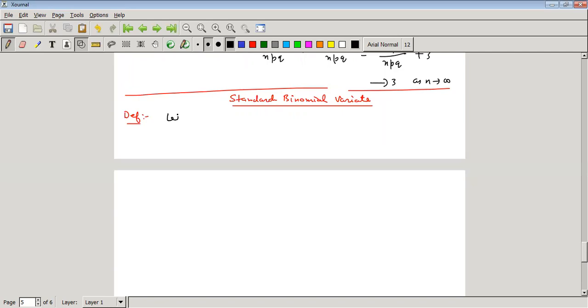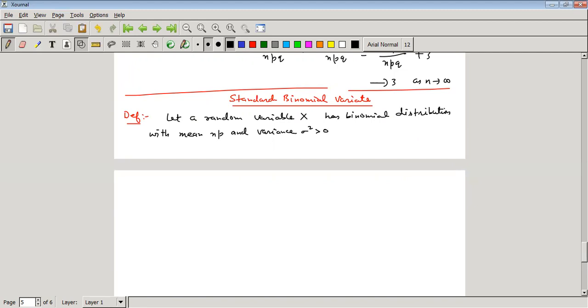Let a random variable x have binomial distribution with mean np and variance sigma square, which is greater than 0.